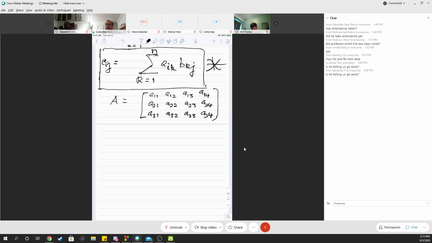How will I write the diagonal? There is no diagonal here. So the word diagonal is meaningful only when you have a square matrix. So henceforth, for the rest of this class, let A be an n by n square matrix.